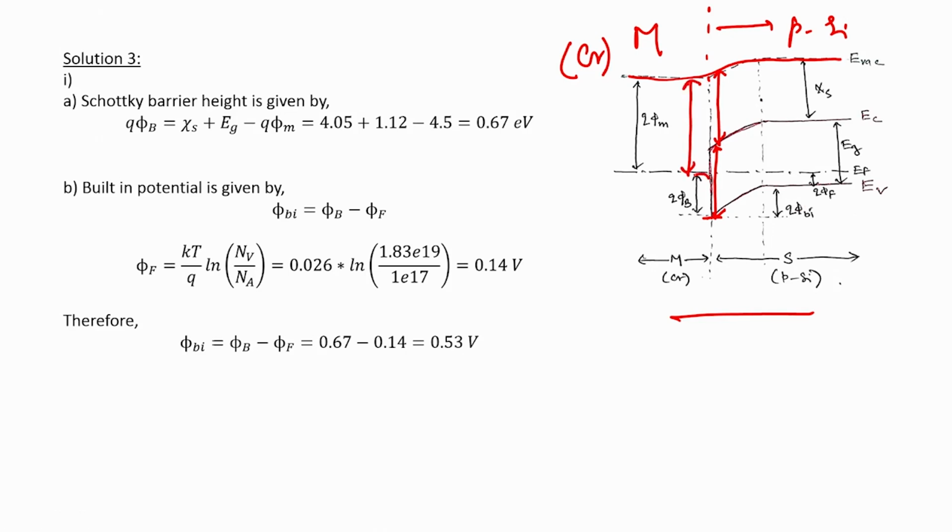So that will give you this barrier height. So that is what is written here, that q phi b is equal to electron affinity of the semiconductor, this height, plus the energy band gap, this height, minus the metal work function, this height. So that is coming as 0.67 electron volt by plugging in all the numbers given in the problem.